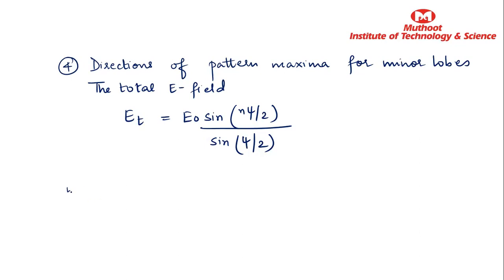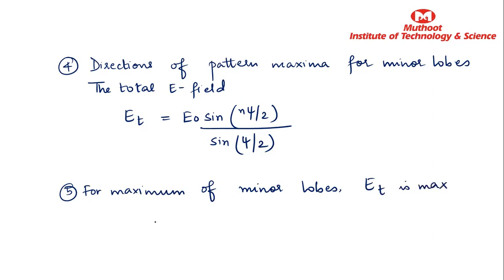So for maximum of minor lobes, ET is maximum. So now if the sine term has to be maximum, that means sine of n psi upon 2 has to be equal to 1, because the maximum value of sine is 1, right?